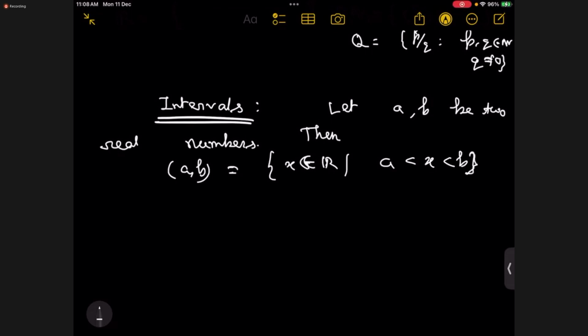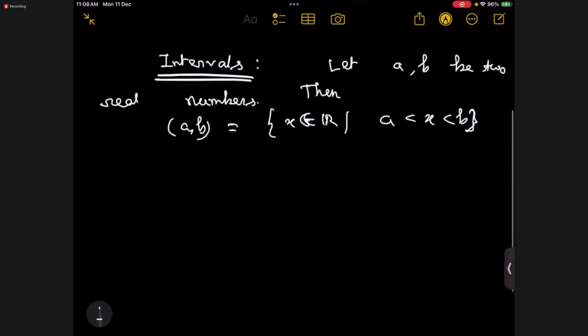That means the collection of all those elements of R which lie inside the range a and b, that is, the elements which are larger than a but smaller than b. We are collecting all those elements.